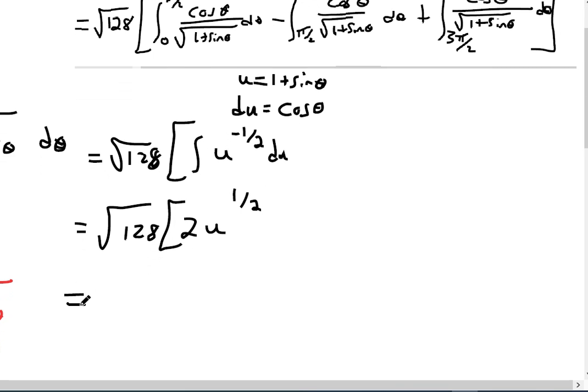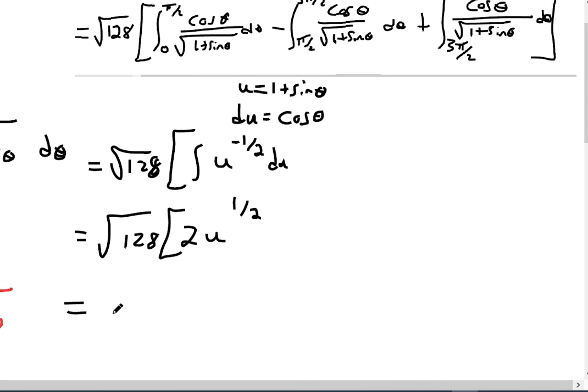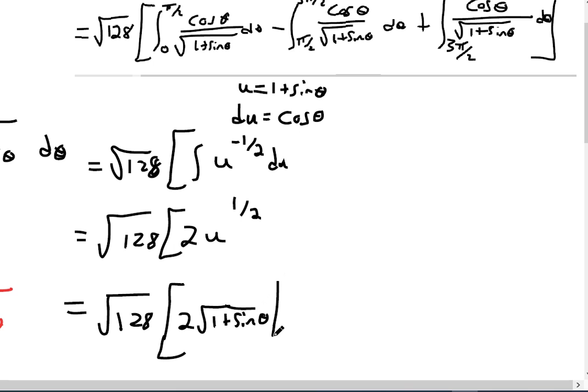So for each of those integrals that we see at the top of the screen, now we have the antiderivative. It's 2 square roots of 1 plus sine theta. We can evaluate each of the limits of integration. So this is evaluated between 0 and pi over 2.